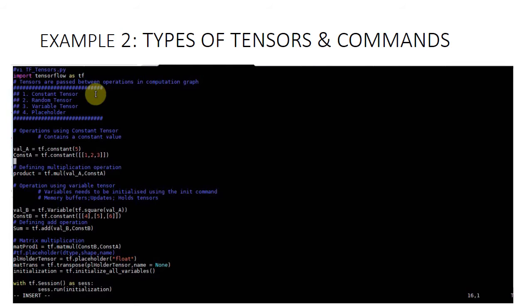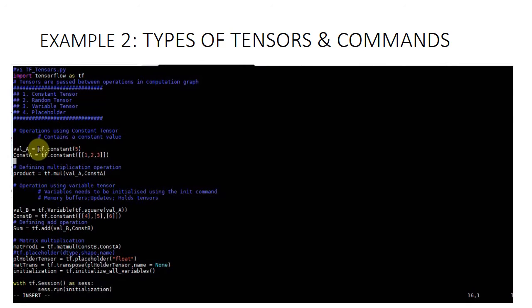The random tensor deals with values that are generated randomly. A variable tensor is a storage tensor, and a placeholder tensor is a tensor that should always be fed while executing the program. I've used most of the tensors here in this very basic program.